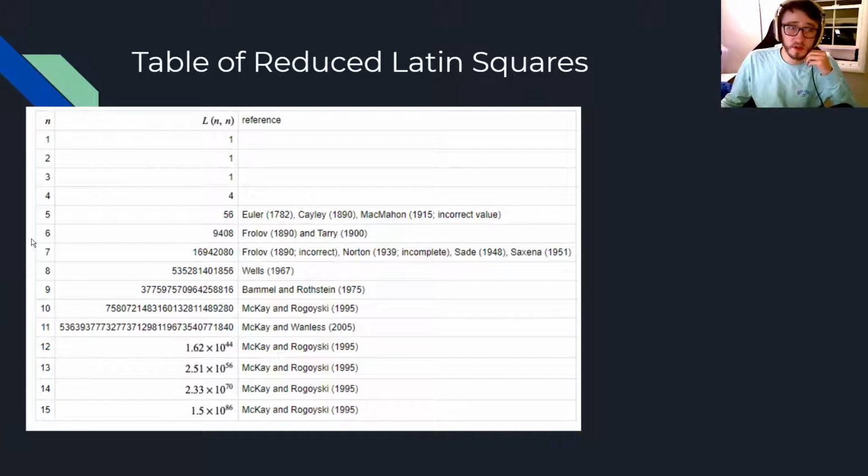As we can see, the number gets astronomically high as n gets higher. If we look at a number like 11, we get this massive number, and it's simply not something that can be done by hand. It was done by computers.